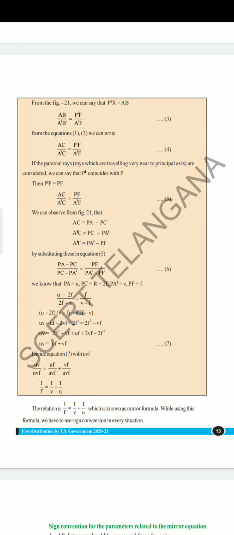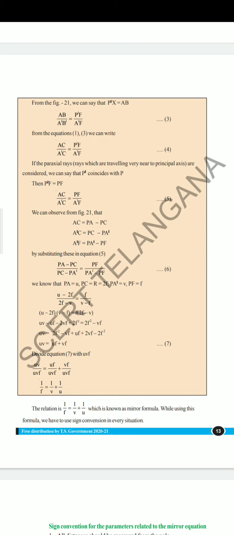From equations 1 and 3, we can write AC by A'C equal to P'F by A'F. Equation 4.